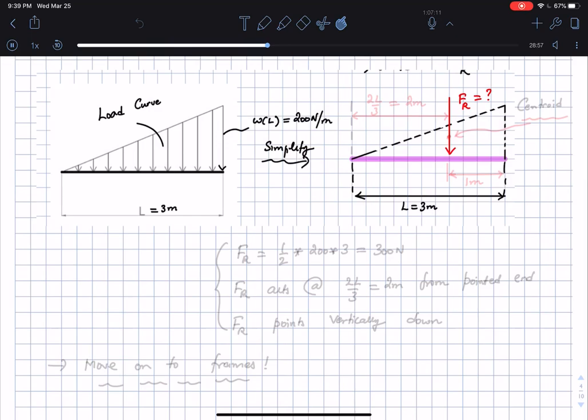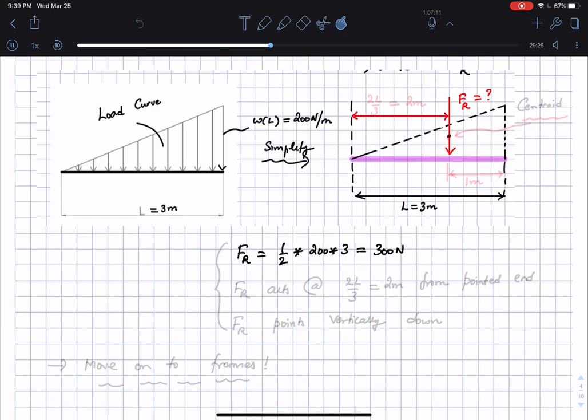FR ended up being half times 200 times 3, or 300 newtons, and FR is going to be acting at a distance of 2L/3 from the pointed end.